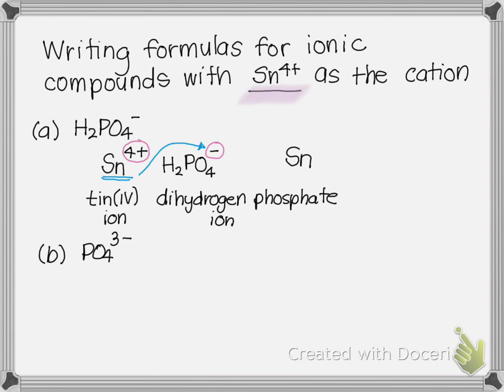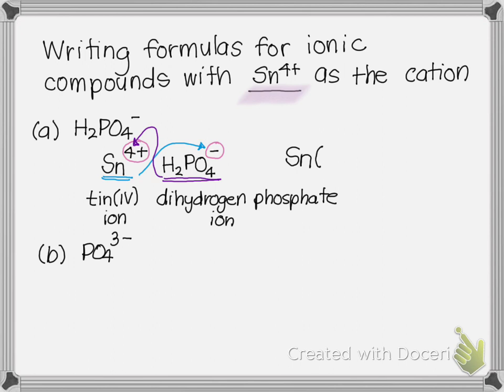Because Sn sounds like the number 10, it's sometimes hard when you're talking about it. So then dihydrogen phosphate, which is this whole thing right there, all of it. You look back at the tin, and tin has a 4 plus. That means to balance it, it's going to require 4 of the anions.